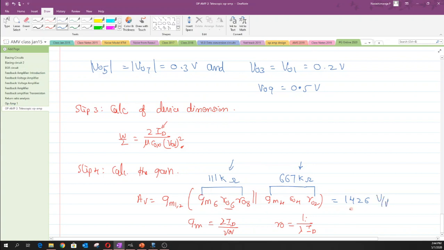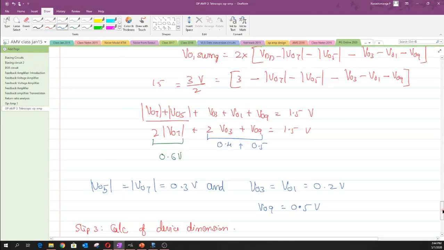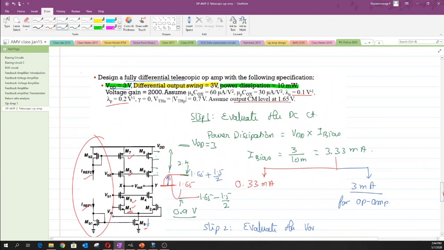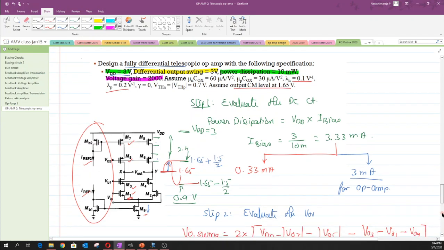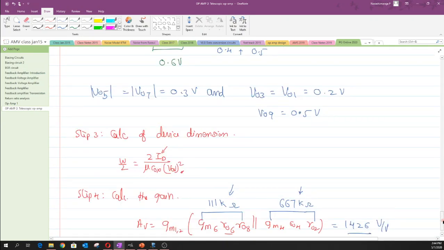Okay, and this is way smaller than what is being asked. The gain of this particular circuit has to have a minimum voltage gain of 2000, but what we have got as of now is even lesser than this 2000.